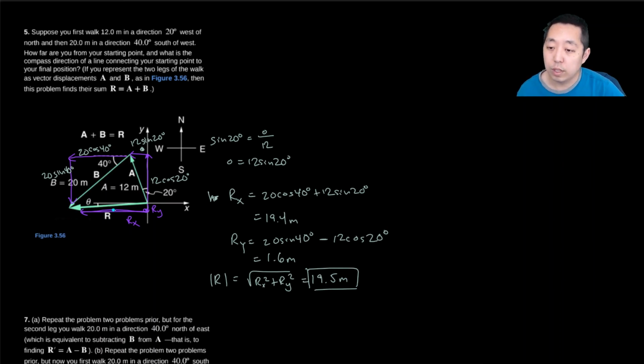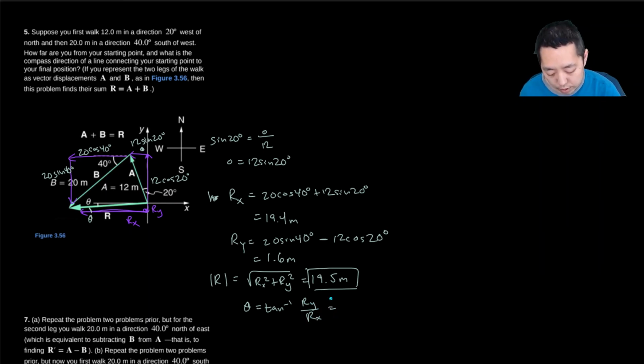Now the angle that we would talk about, I think they want it with respect to here. So if I think about it, this theta is equal to this little angle right here. So tangent of theta would be ry over rx. So theta would be tan inverse of ry over rx.